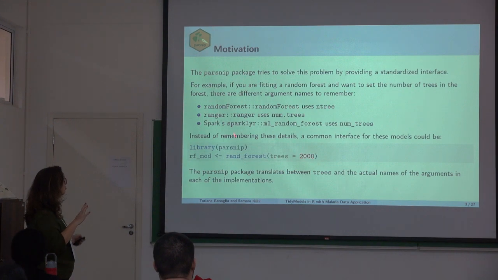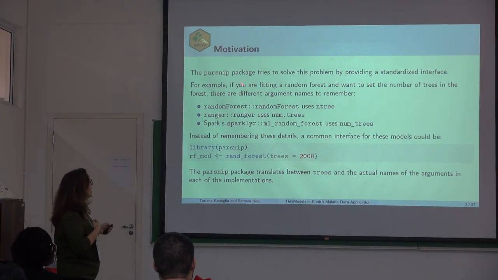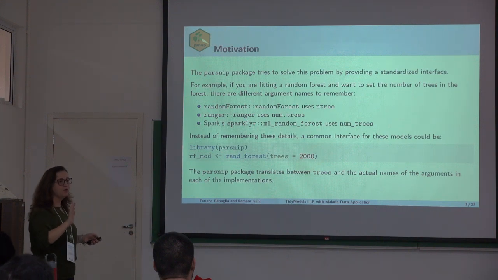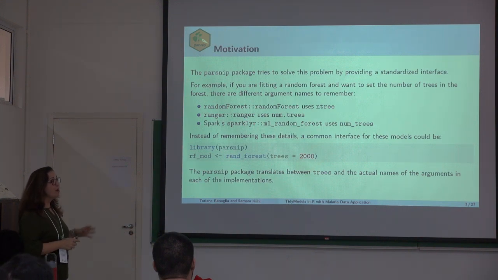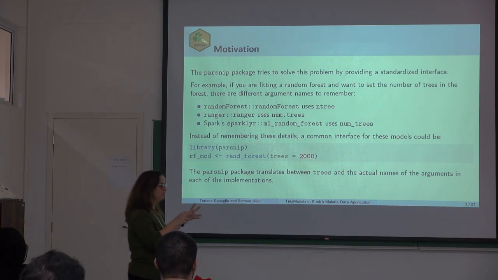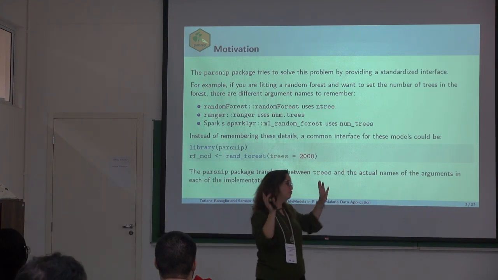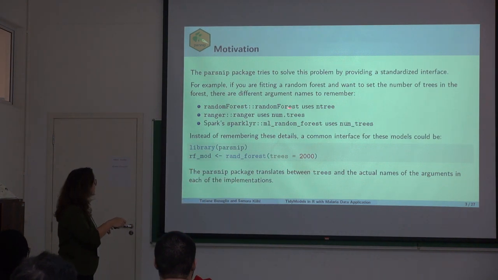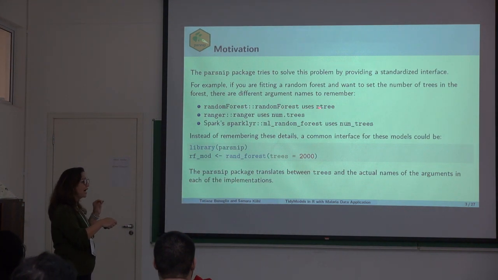I'm going to show you, for example, if we want to fit a random forest. I choose the package randomForest with the function randomForest. In random forest, you have to define the number of trees that you are growing in your forest. In this function, the argument is ntree.